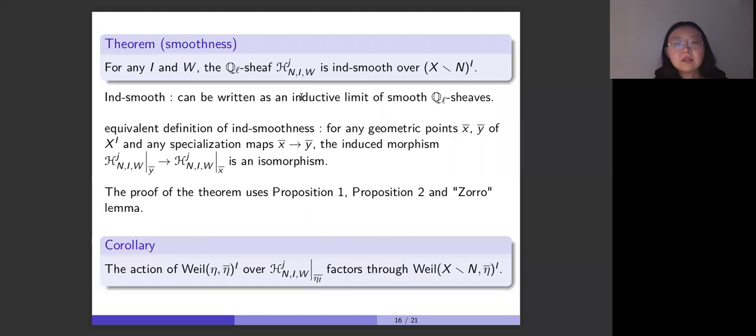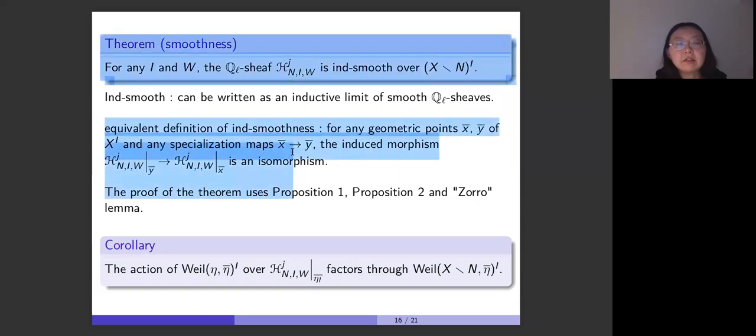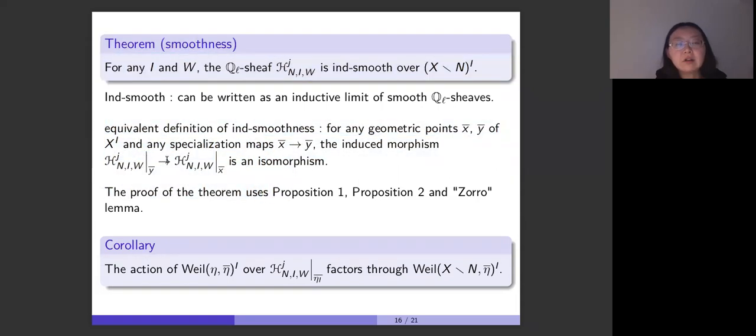These two definitions are equivalent for smooth sheaves, but in fact they are also true for constructible sheaves, and they are also true for inductive limits of constructible sheaves. And in the proof, what we really prove is this equivalent definition. We prove that for all specialization maps, the induced map is an isomorphism.